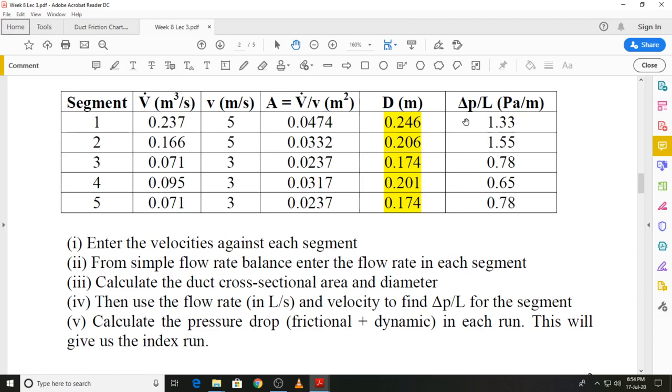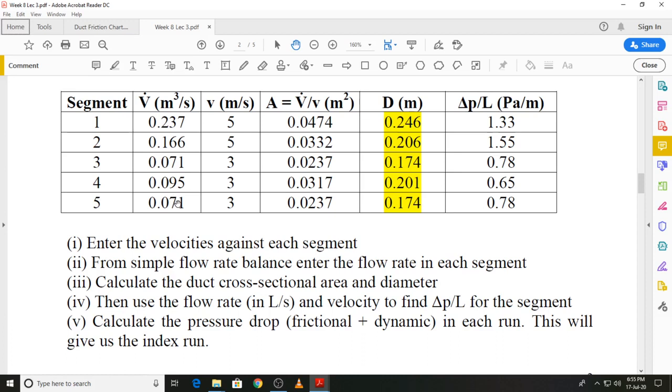And to do that, I will be using the volume flow rate and velocity. Keep in mind that in the friction chart, the volume flow rate is in liters per second. So all these values which are in cubic meters per second have to be multiplied by 1000. So it will be 237, 166, and so on when we use the table.